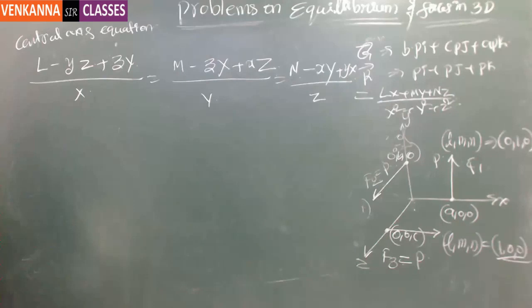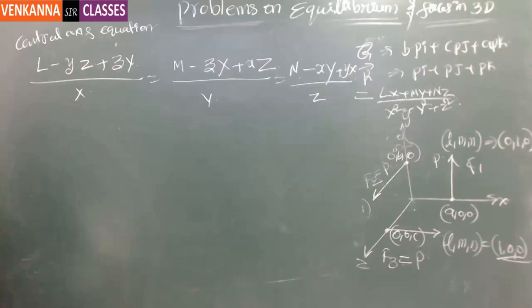So if you replace those values here, L is equal to BP minus Y times Z is P plus Z times P divided by X is again P is equal to M is Cp minus Zp plus Xp divided by P is equal to AP minus Xp plus Yp divided by P is equal to Lx plus My plus Nz.